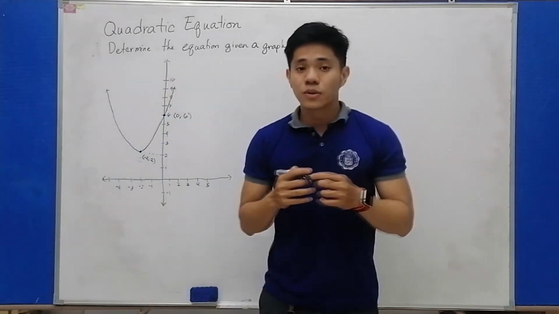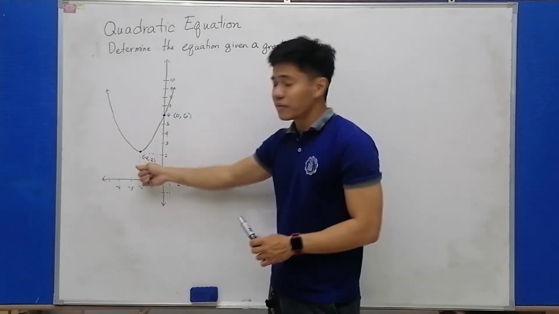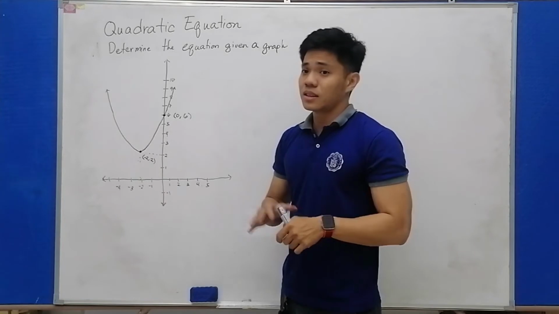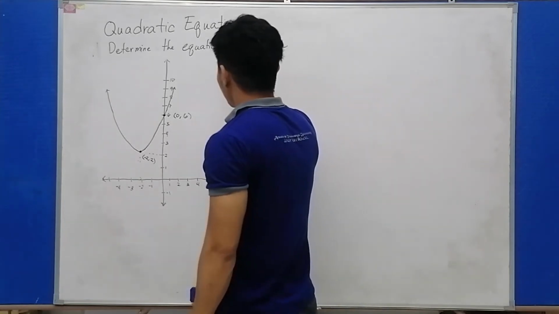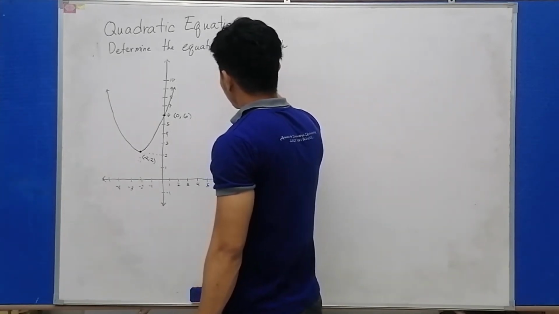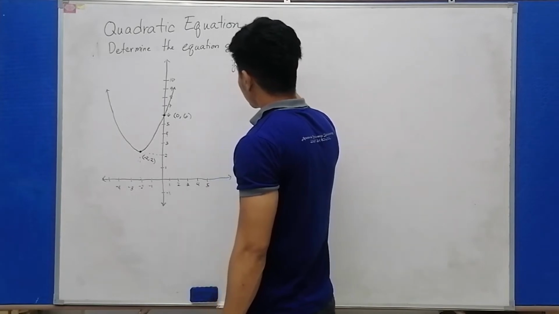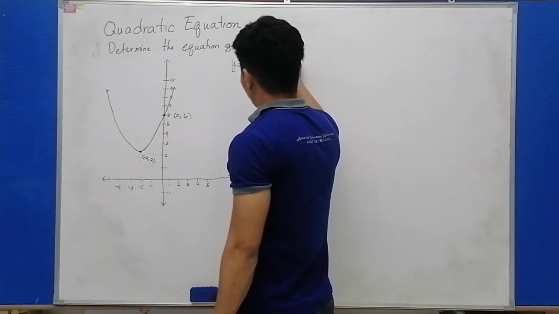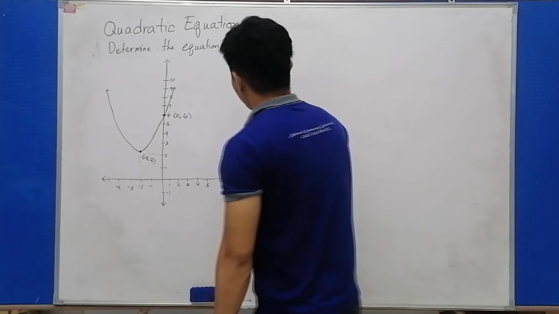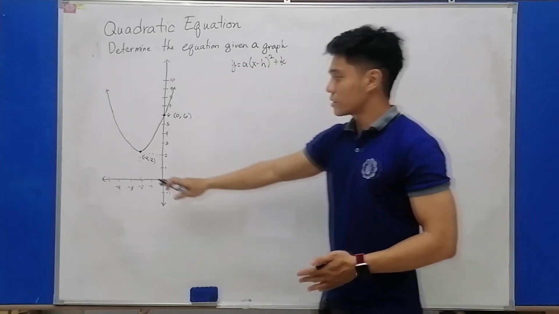How so? If you recall, knowing that we have a vertex here, we can use the vertex formula. So what is the vertex formula? Our vertex formula is y = a(x - h)^2 + k. So we just have to substitute our vertex in first.